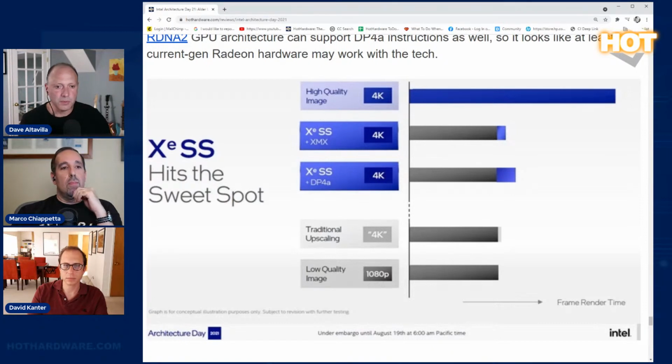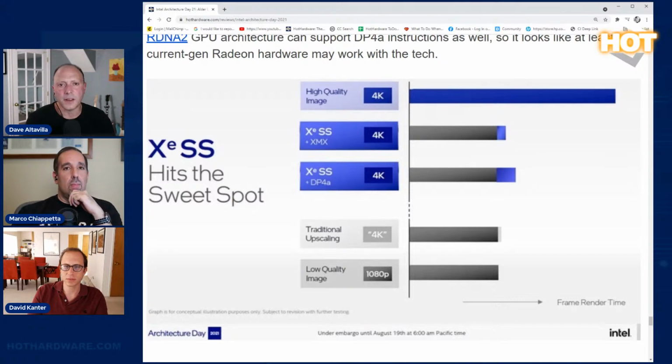But with DP4A, which is a standard machine learning instruction, Dave, you can probably talk to that a little better than we can, it runs across, we think, RDNA 2 with AMD, and certainly NVIDIA with CUDA support for DP4A. It's slightly slower, but they're saying image quality is the same, and the performance scales accordingly.